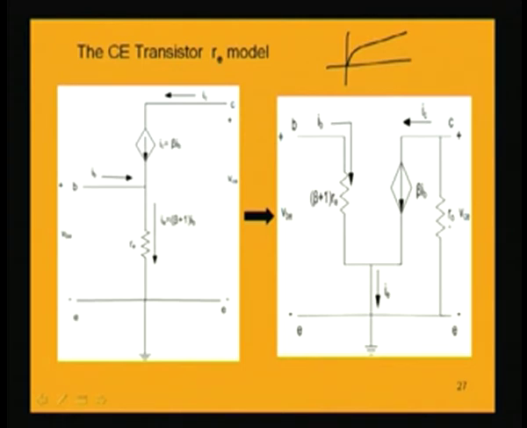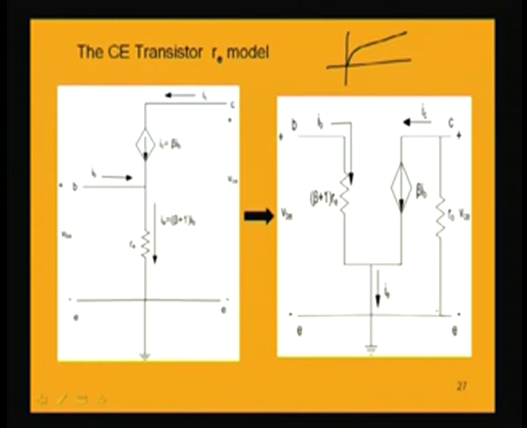So, ro will be there. In fact, the value of ro is in the order of mega ohms, but still, to have an exact representation of the common emitter transistor, we must have its presence here. That is why it is not ignored, since it is not infinity. But in common base we conveniently ignored or removed it, because it was almost infinity due to the presence of horizontal curves, but here it is not horizontal.